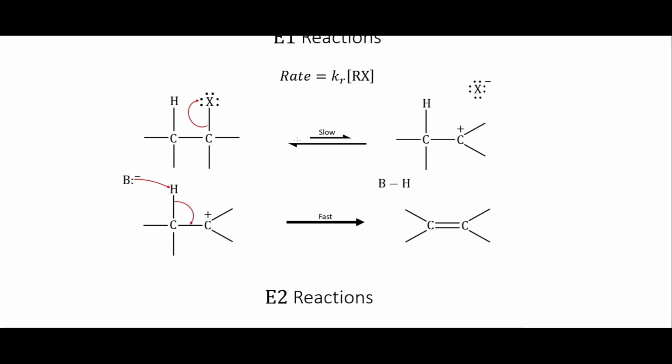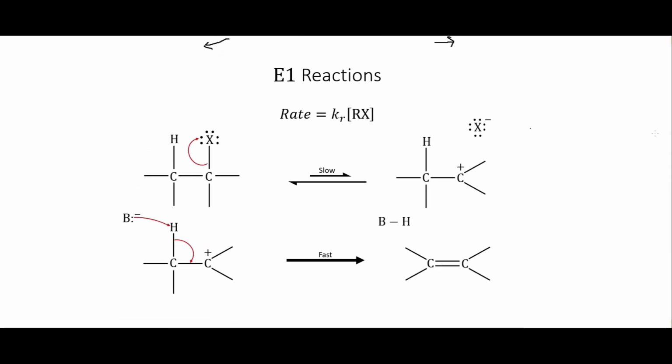Then our E1 reactions, which are similar to the SN1 in the first step, where we have a slow step in which the leaving group leaves, forming a carbocation. But then we have a base here. This gets to the point that bases can be nucleophiles and nucleophiles can be bases. In our SN1 reaction, we just had a nucleophile coming in onto that carbon, but now we have a base taking this hydrogen.